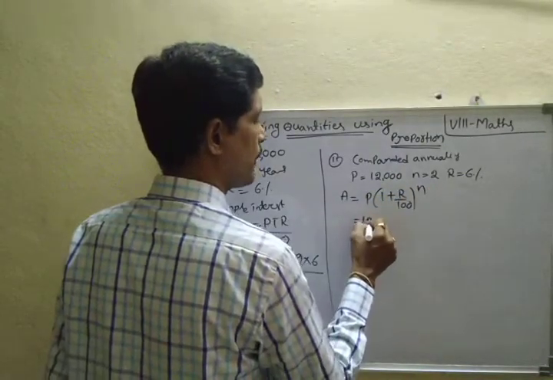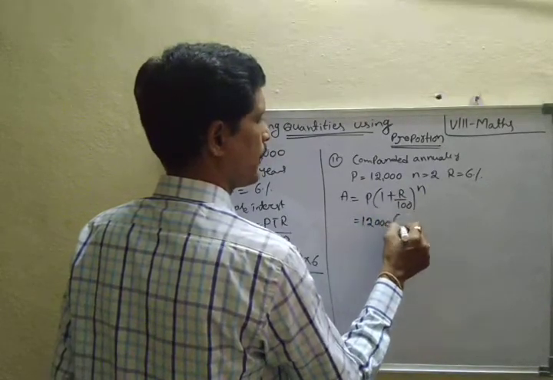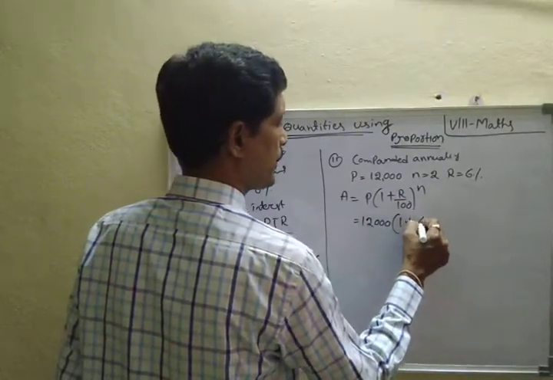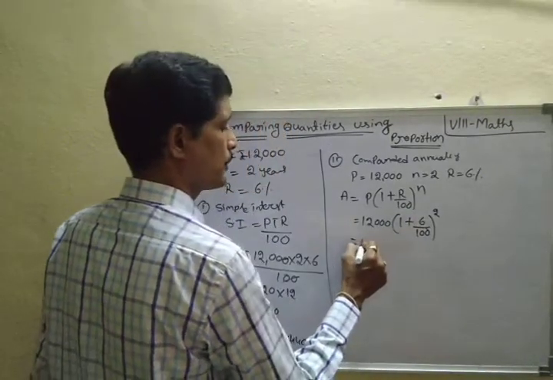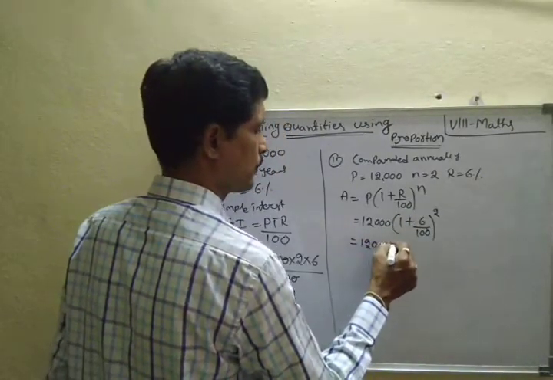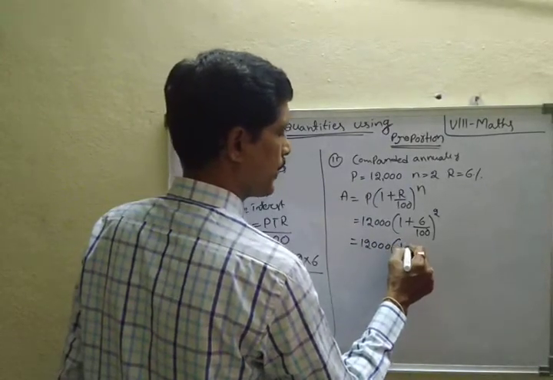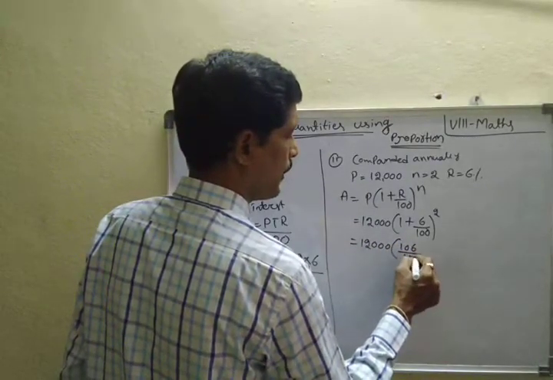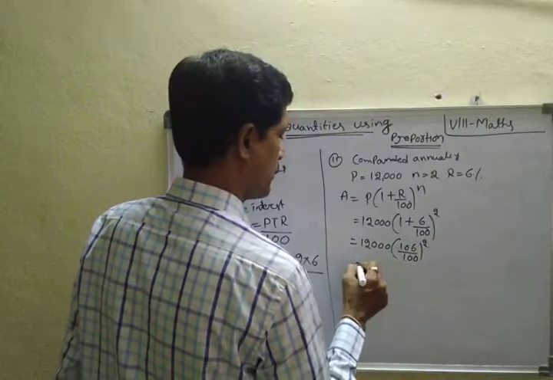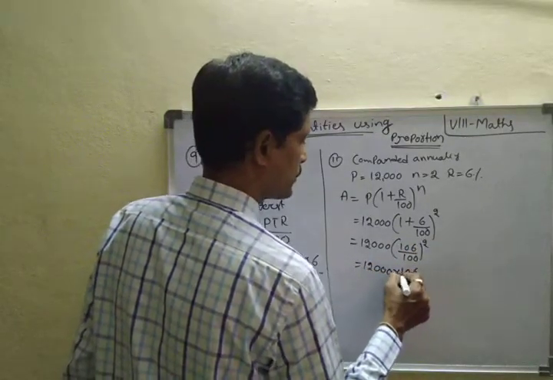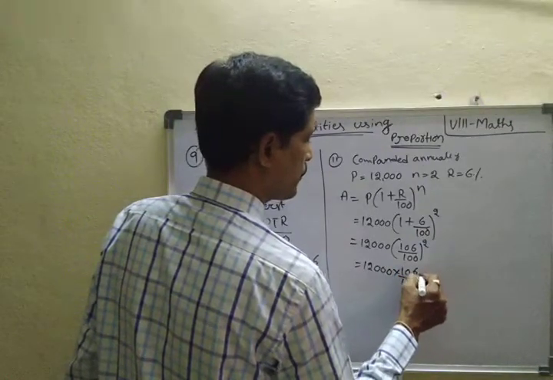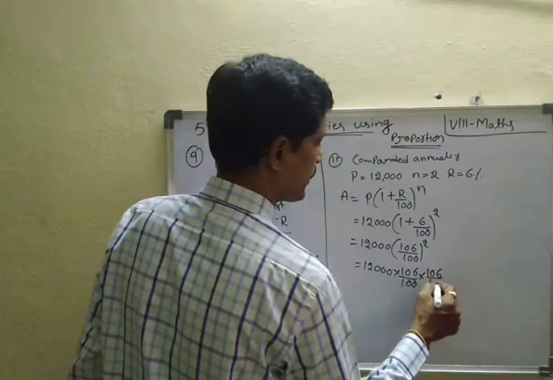Here that equal to 12,000 into 1 plus 6 by 100 whole power 2. Therefore that is 12,000 into 106 by 100 whole square, that equal to 12,000 into 106 by 100 into 106 by 100.